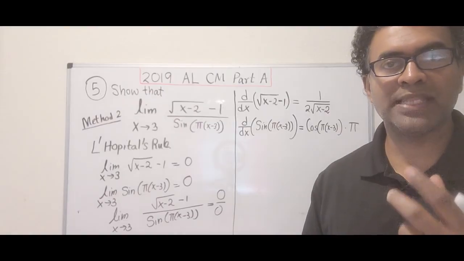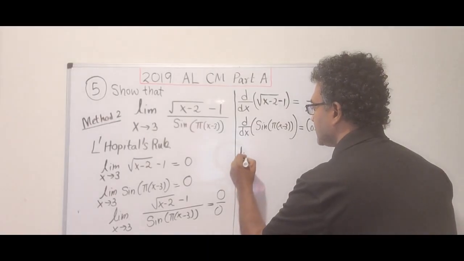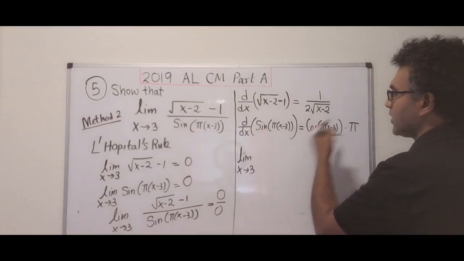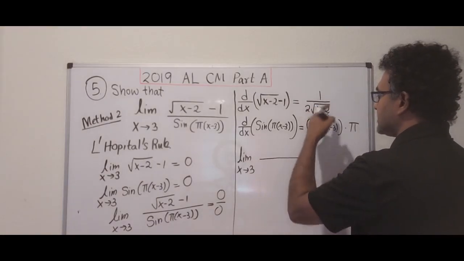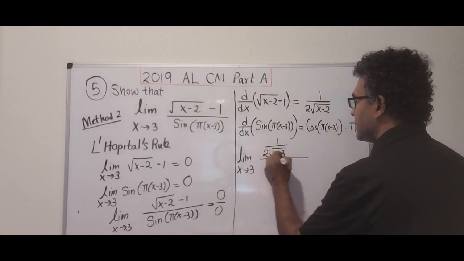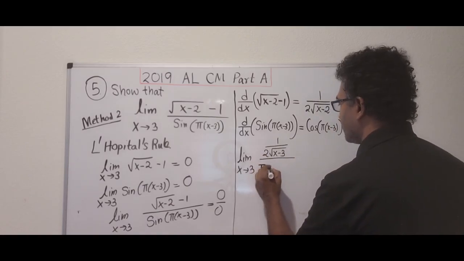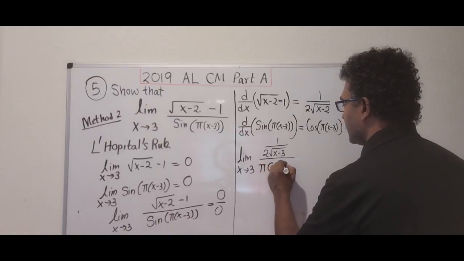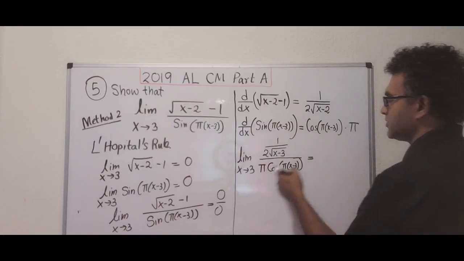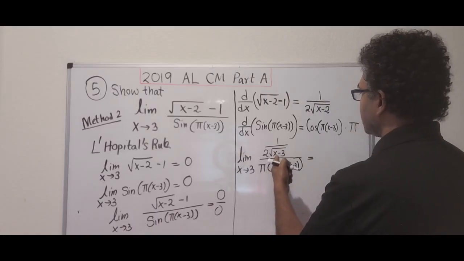And now I'm going to look at the limit of the new ratio. Limit as x goes to 3, the same limit. The new ratio is 1 over 2 square root of x minus 2, divided by this cosine function. I'm going to put pi to the front, cosine pi x minus 3, and then I'm going to substitute at the limit.